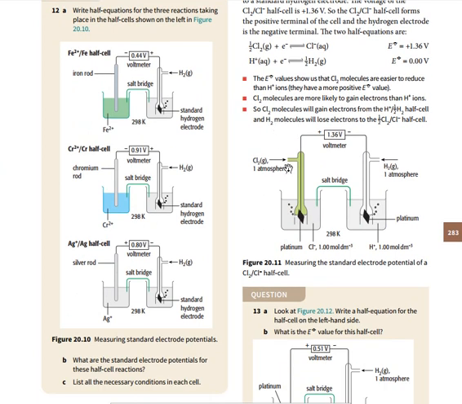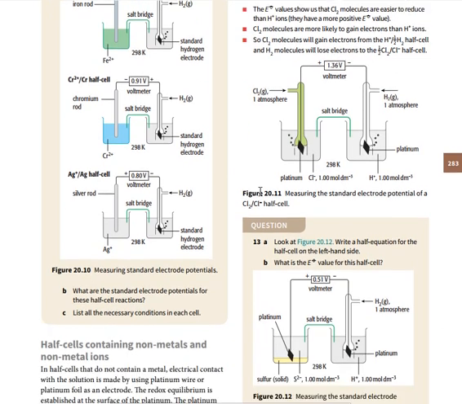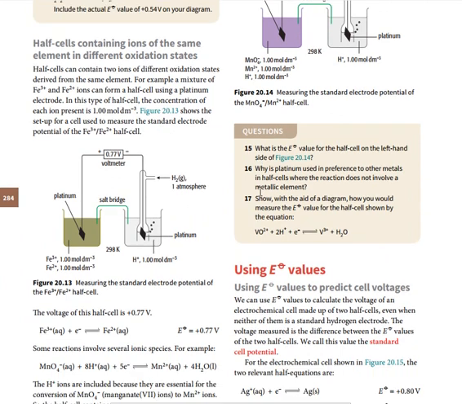But for non-metals, since they are not capable of conducting current, you use platinum wire, platinum wire coated with platinum black. You place the chloride ion at 1 atmosphere pressure, just like hydrogen ion. So this is 1 atmosphere pressure, and the solution here is 1 mole per dm cube. That is the half cell of non-metals.